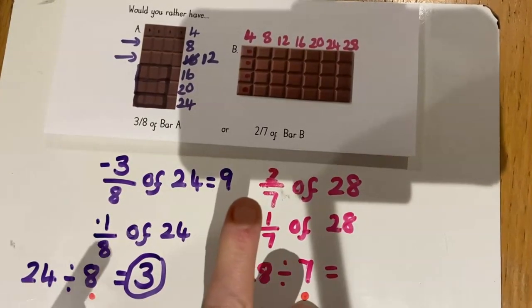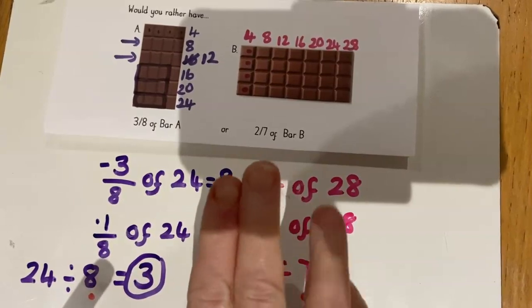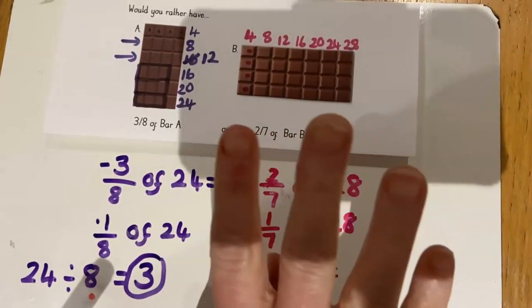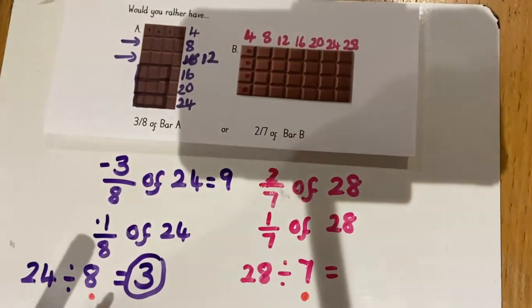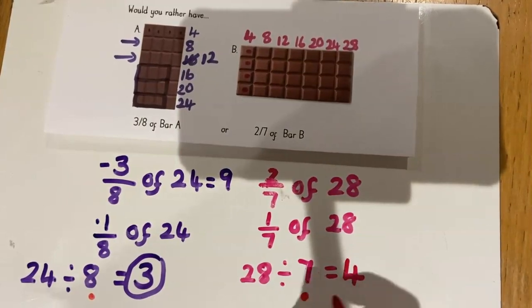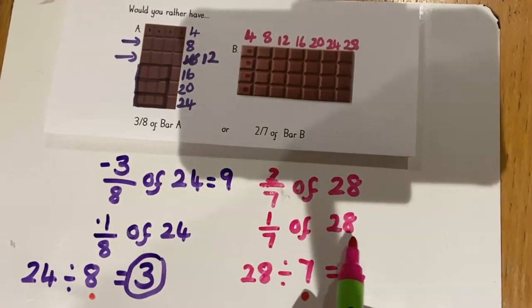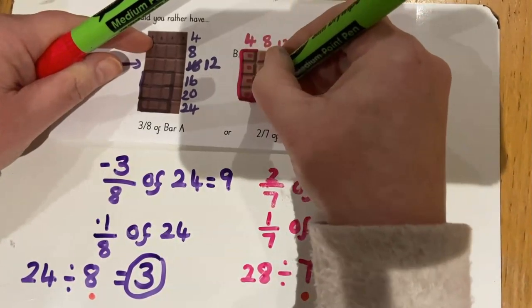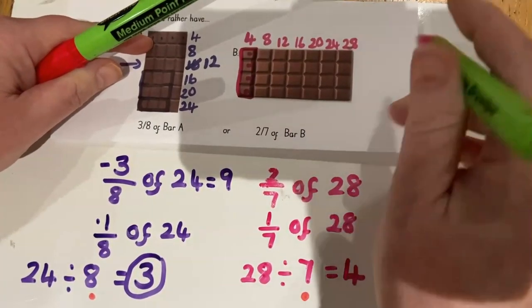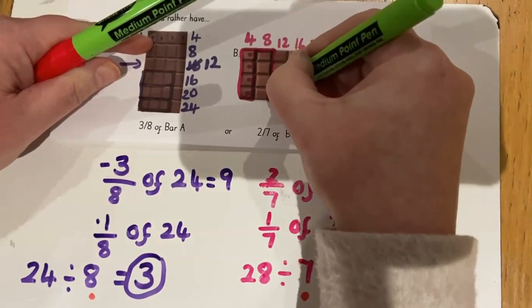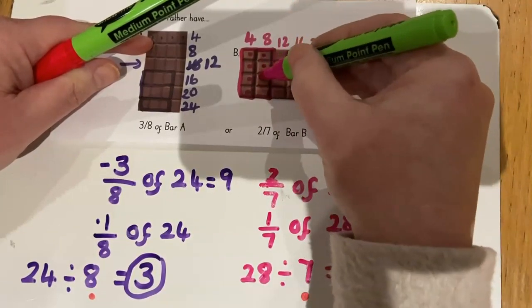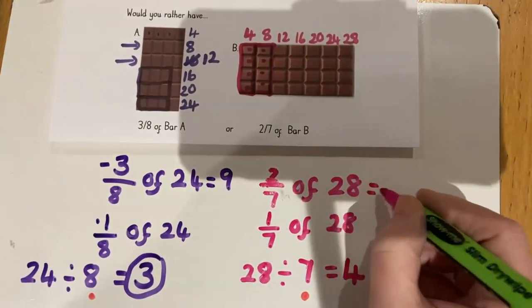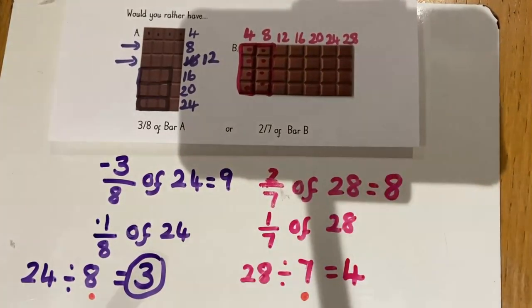So I know that 1 7 is 7, 2 7s are 14, 3 7s are 21, and 4 7s are 28. So if I had 1 part of this chocolate, I would have 4, but I don't want 1 part. I want 2 parts of this chocolate. So I would have 8 squares of chocolate all together here.